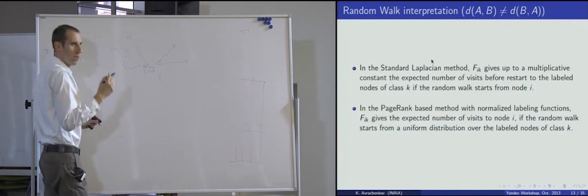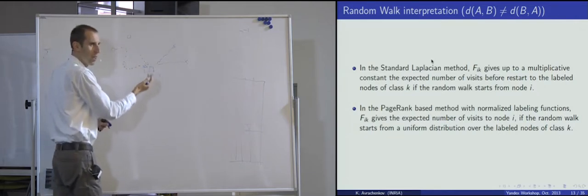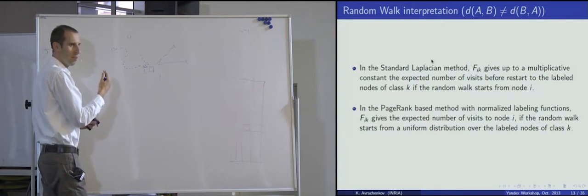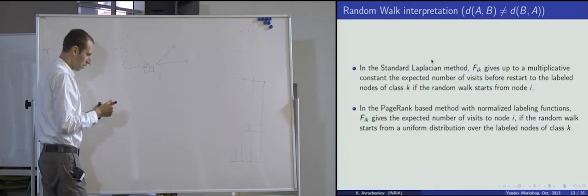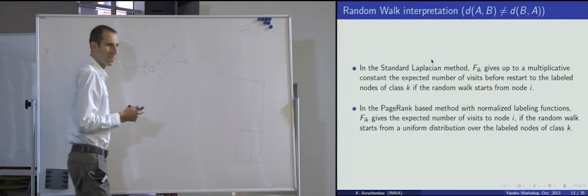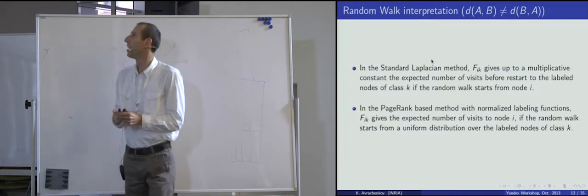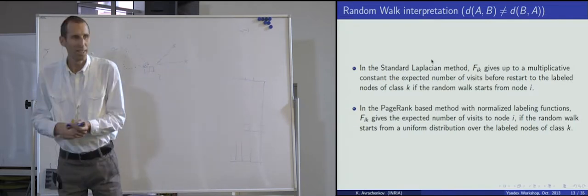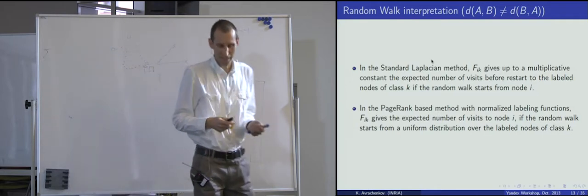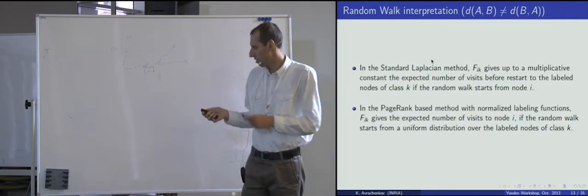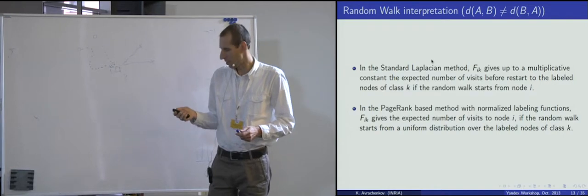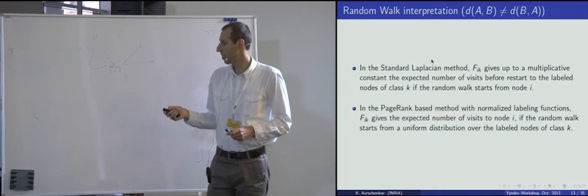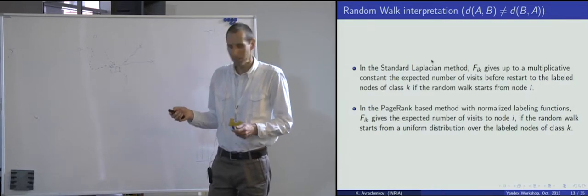From which set of labeled points we came more often, to that class we classify the point. And of course, they could give different classification, right? There's no reason why they should always give the same classification.